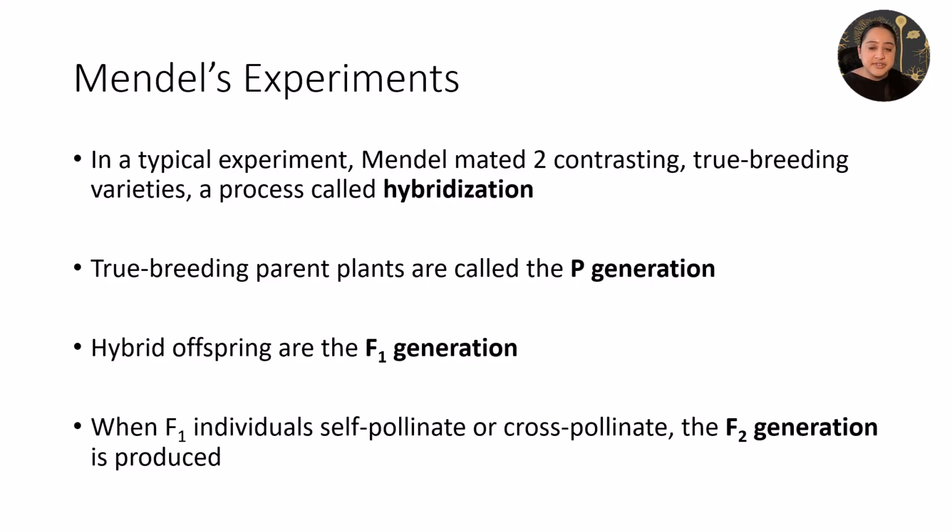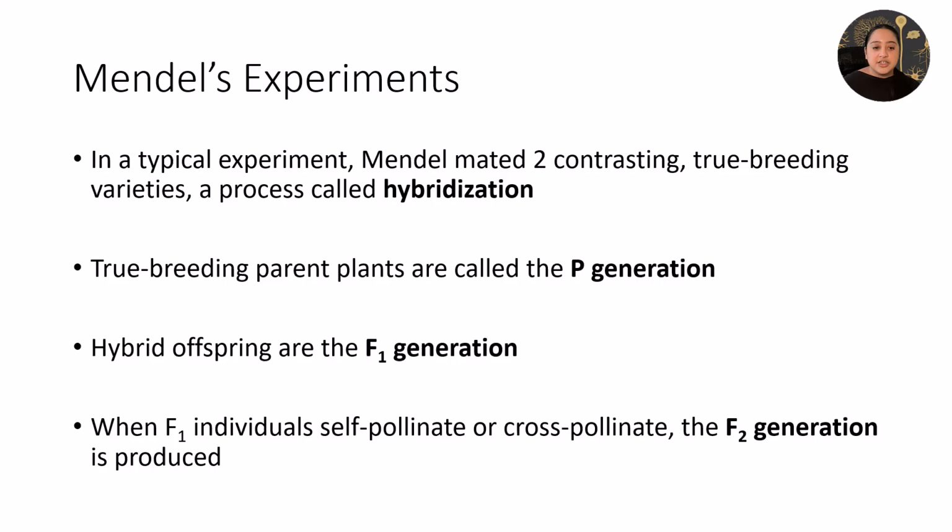And so he needed a naming system, a naming scheme. Those original true breeding parent plants are called the P generation, P for parent. And then the next generation that you cross is called the F1 generation. So those hybrid offspring are called the F1 generation.